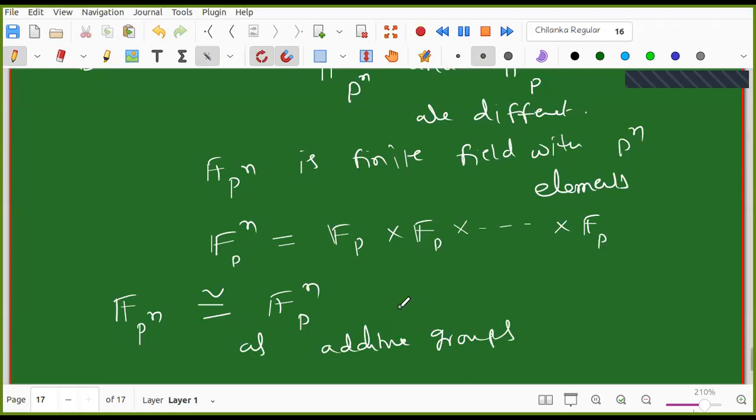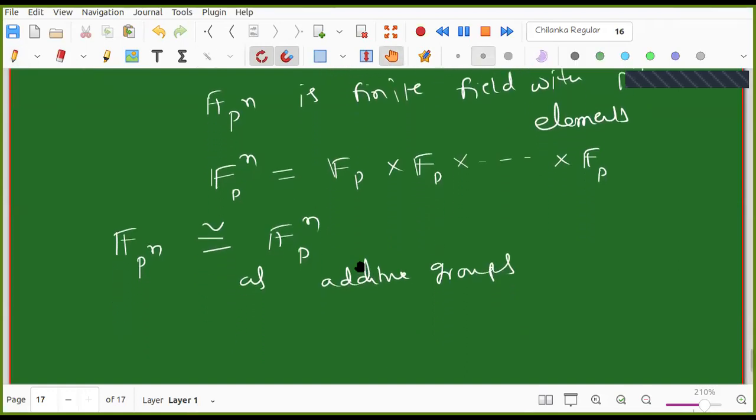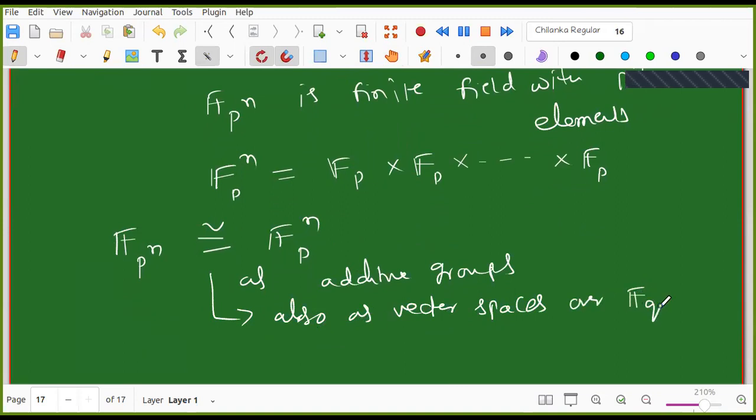Very nicely said. Why am I telling this? Also as vector spaces over F_p. See, a vector space does not demand multiplication. Now I can bring the multiplication here.